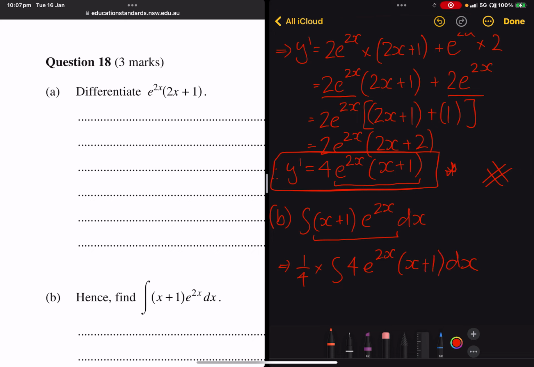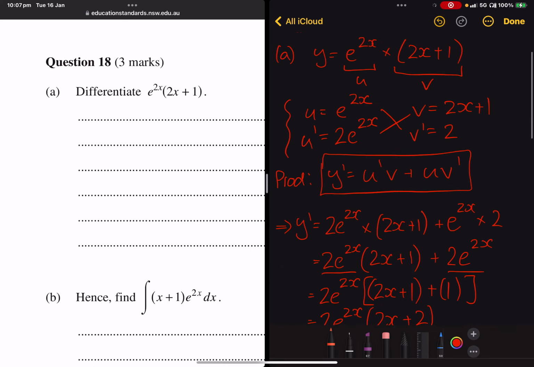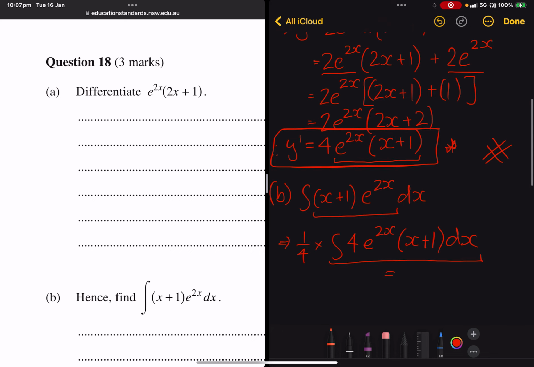This is now what we're going to find because we know this is going to be the function we started with, which will be e to the 2x times 2x plus 1.